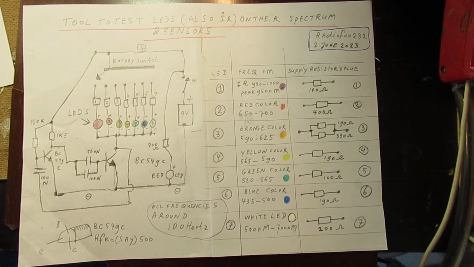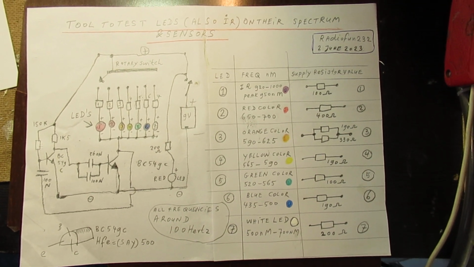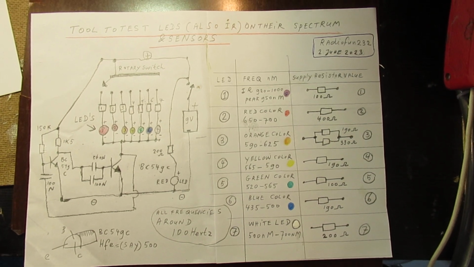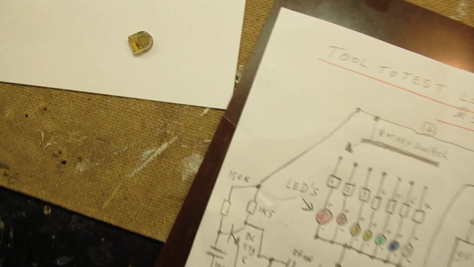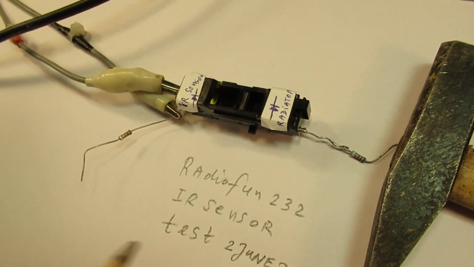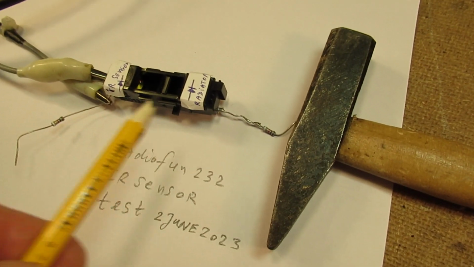I wanted to make, say, a kind of apparatus, a tool with which I can test light sensitive units. Could be for visible light, for instance this visible light, or invisible light. Here is an invisible light sensor, an IR sensor for the infrared range.